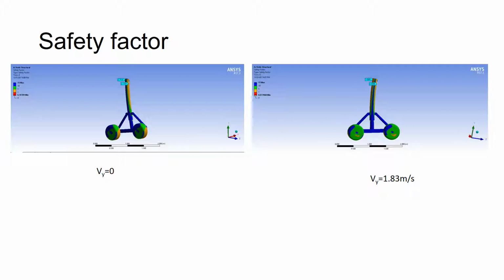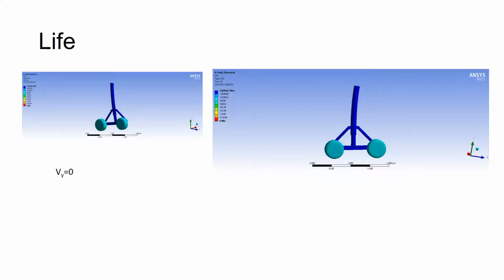For the second condition, when Vy is equal to 1.83 meter per second, we can see that the smallest safety factor still appears at the top of the landing gear frame, and it is equal to 1.8. So here's the fatigue life estimate of the landing gear.